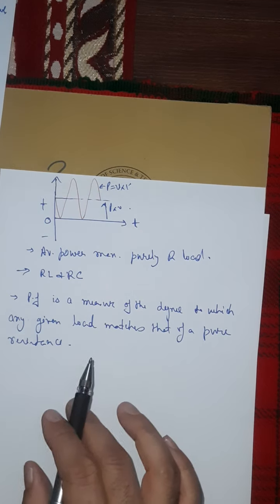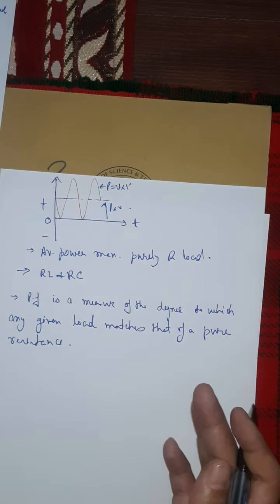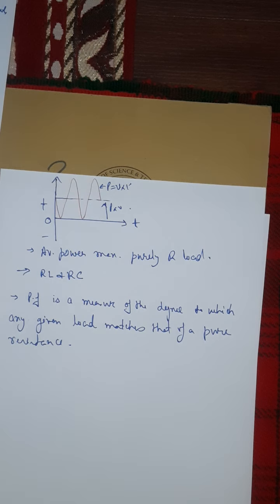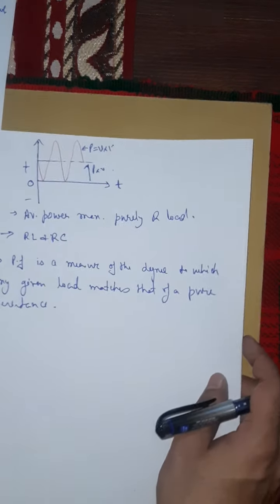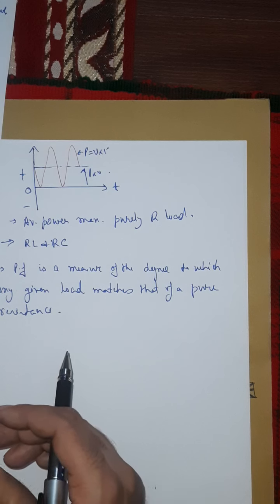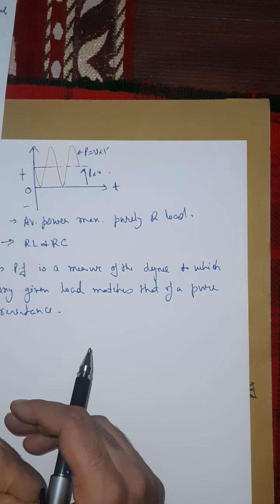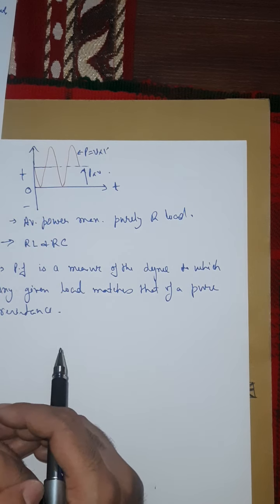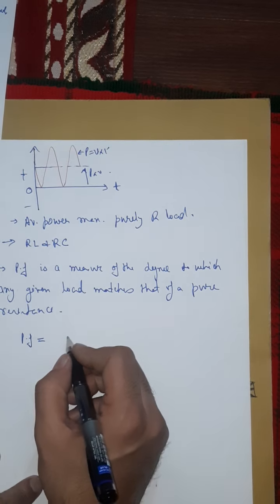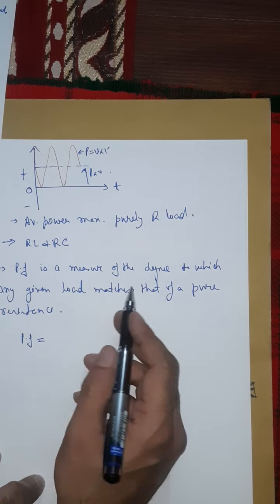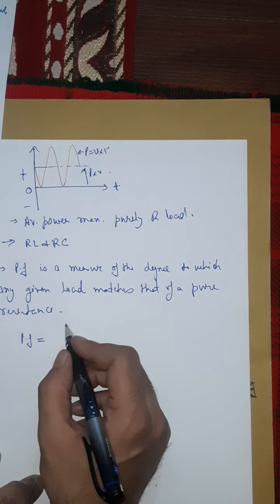But for an RL load it will be lagging, and for an RC load it will be leading, because in case of an RC load the current was leading the voltage. So I am saying power factor is nothing but the degree to which any given load matches that of the purely resistive load.